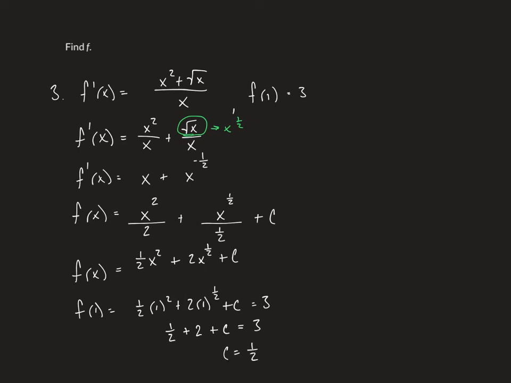Because if I do 3 minus 2, I'll get 1, and then 1 minus 1/2 is 1/2, so c must be 1/2. And so then our final answer here is that f of x has to equal 1/2 x squared plus 2x to the 1/2, and you could write that in radical notation if you'd rather, plus 1/2.